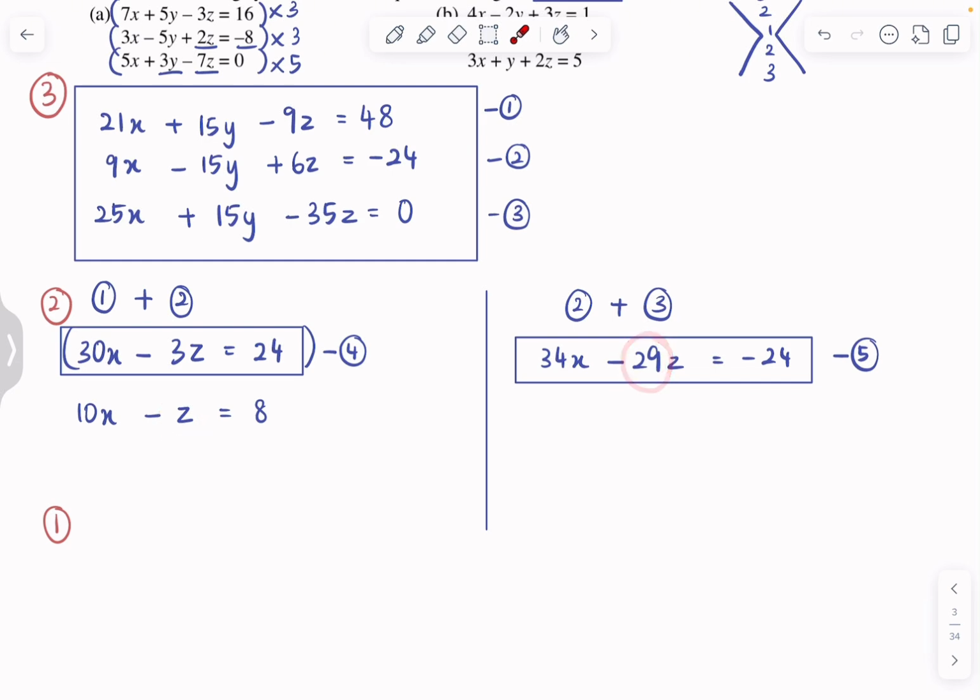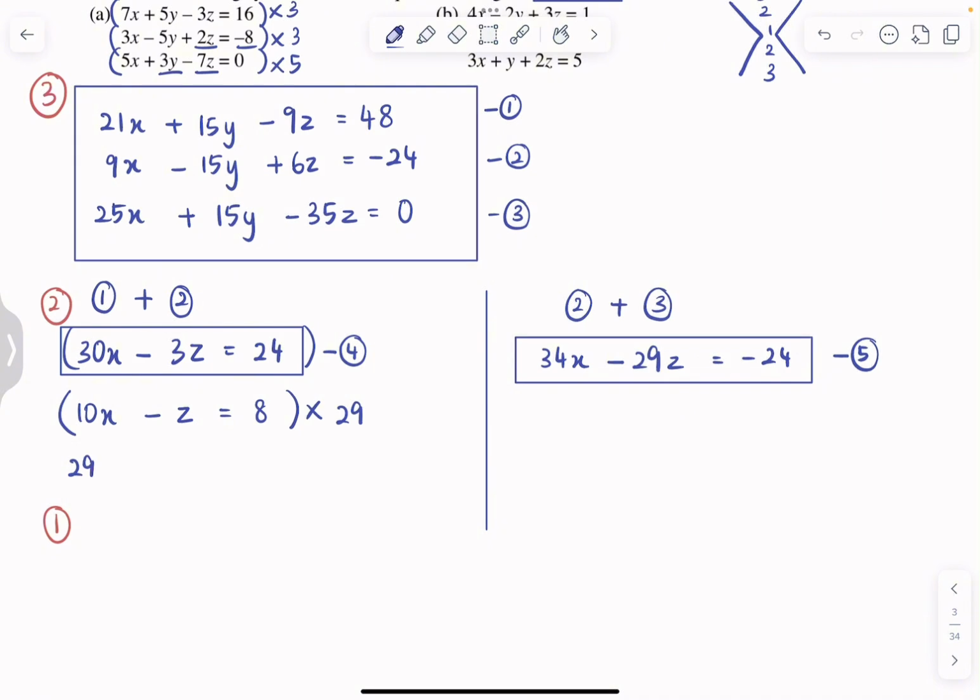Okay, this whole equation you times 29, you will get 29z, 29z. Then we can eliminate. But if you choose to do x, a bit susah lah, because 10x you want to make it into 34, you have to multiply both numbers. So now what we can do is this whole equation we times 29.